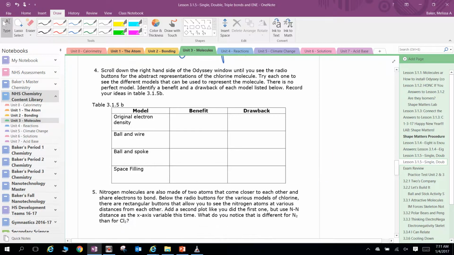Then it says scroll down the right-hand side until you see the radio buttons for the abstract representations of the chlorine molecule. Try each one to see the different models that can be used to represent the molecule. So we're going to look at the original electron density, ball and wire, ball and spoke, and space filling.